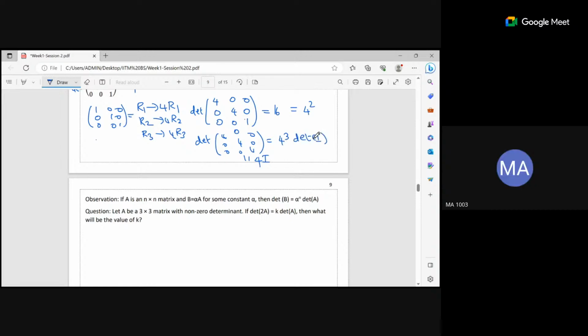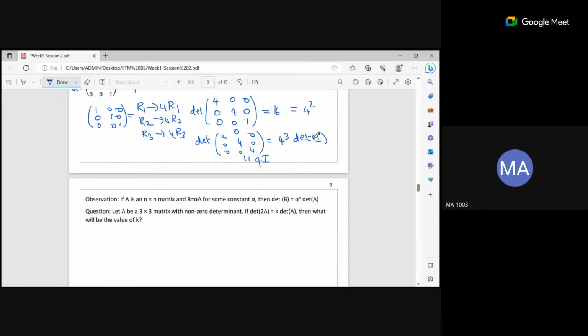Yes, ma'am. That is the observation we are seeing here. If A is an n by n matrix and B is equal to alpha times A for any constant alpha, then the determinant of B is nothing but alpha power n times the determinant of A.